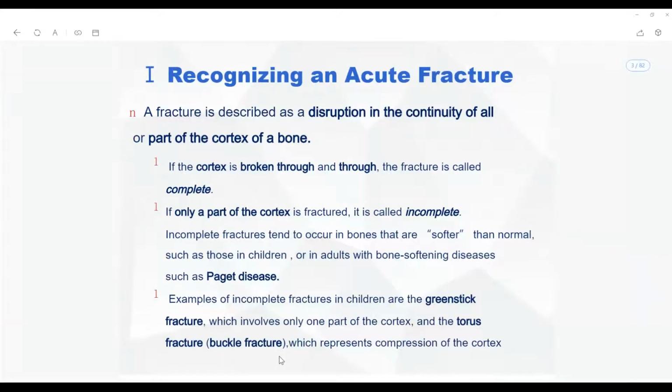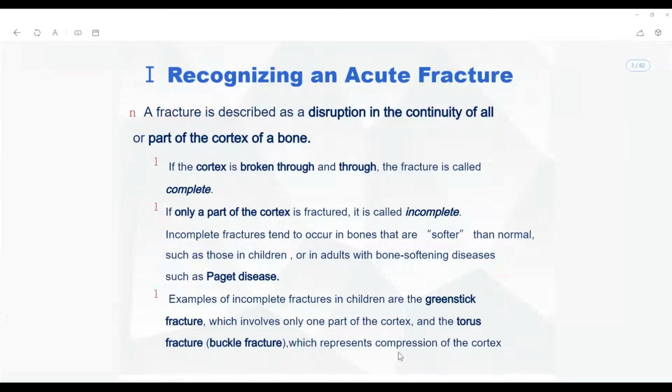You see here, an incomplete fracture has cortex involvement. The cortex is involved, but it is not compressed. But in the buckle fracture, or the torus fracture, there is compression of the cortex, and there will be invagination of one part of the bone into another part of the bone. So that is called the buckle fracture.